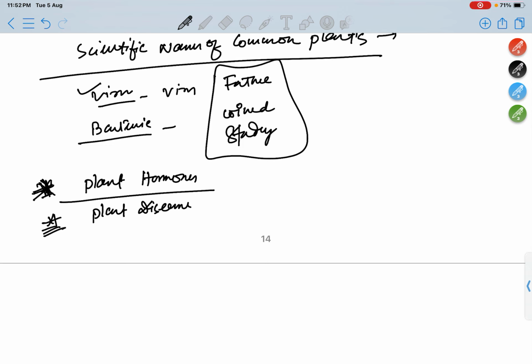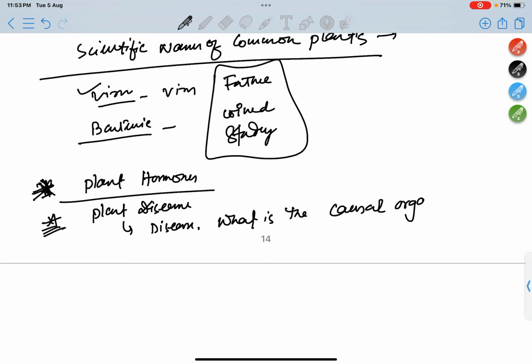In the plant diseases, what you should know is the name of the disease and the causal organism, meaning what is the reason for which the disease is occurring, the name of that organism. Whether it is a bacterial disease or viral disease, or if it is a particular bacterial disease, then which bacteria plays the role. That's it, nothing more.